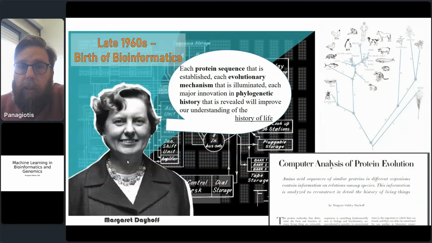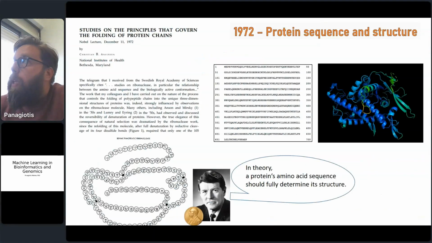So in the 70s, again, people kept working on protein structures. That was a big focus, and they started figuring out the different types of substructures.